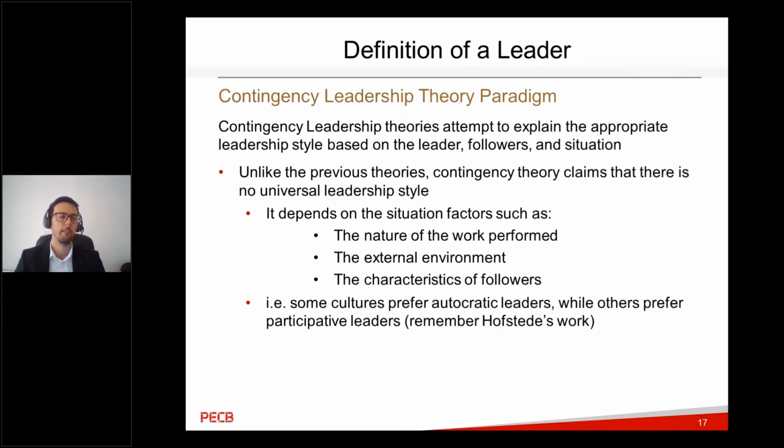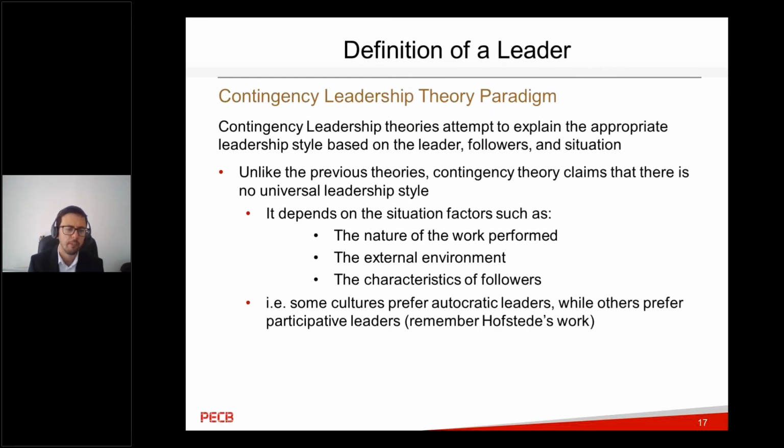Even though the behavioral paradigm is a move forward, because we are looking at the way that people respond to the environment, both of these theories tend to find the universally accepted best way or best leadership style. We usually call these types of theories universal theories, and neither of them tends to be accurate, especially in today's conditions.